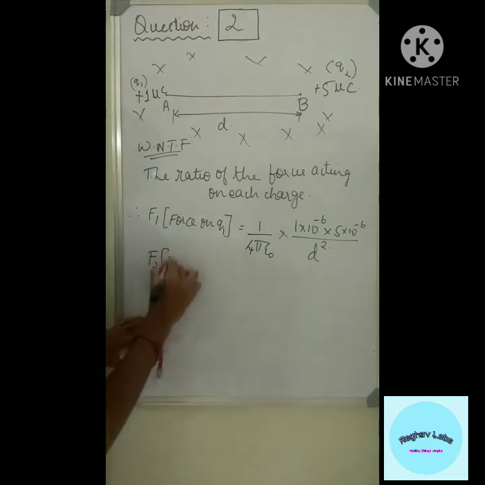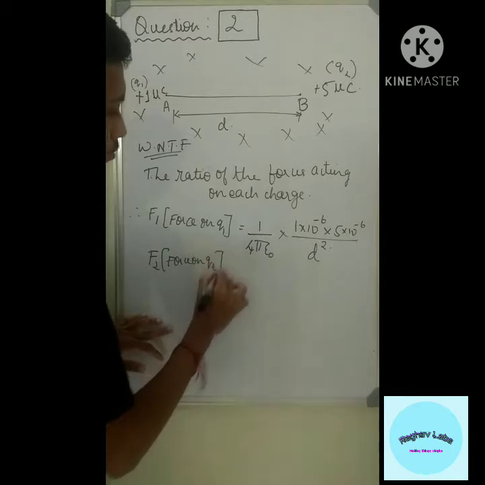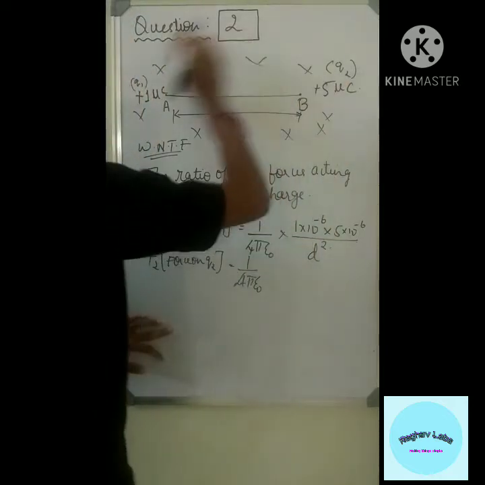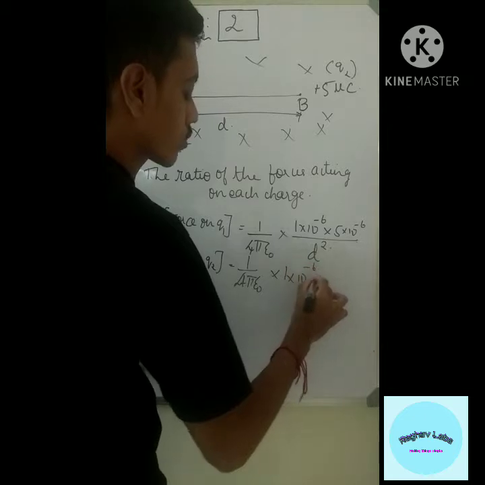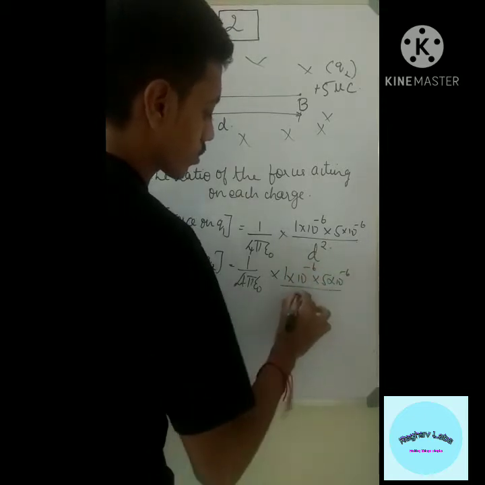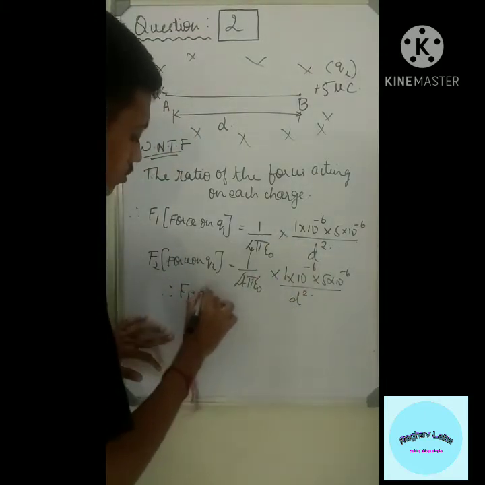F2, force on Q2, is of course due to Q1 only, because only charge Q1 is there. 1 by 4 pi epsilon naught into 5 microcoulomb, that is 5 into 10 to the power of minus 6, into 1 into 10 to the power of minus 6, divided by the separation between them, d square, the square of the distance between them.